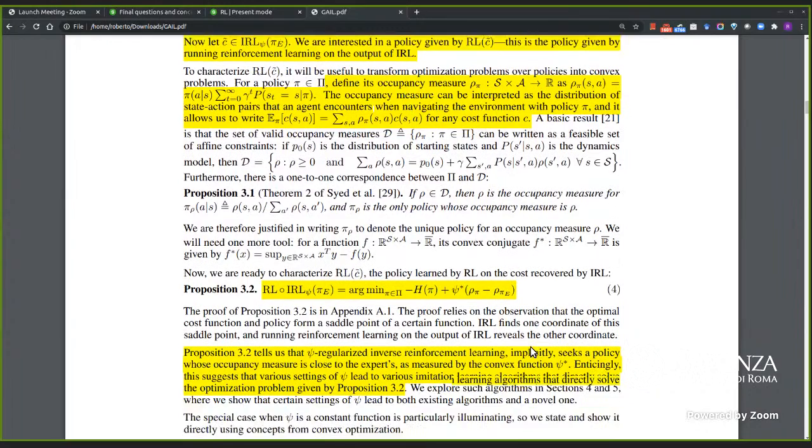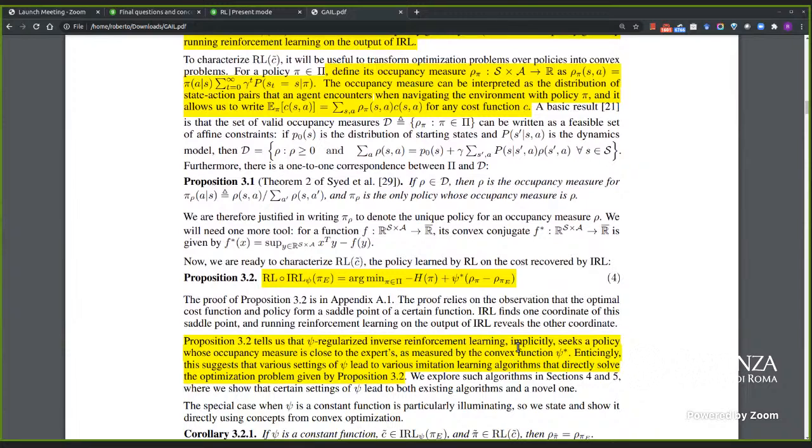This is basically telling us that we are finding a policy pi which is trying to minimize this, which means that we're trying to get as close as possible to this rho pi e, which means that we are trying to match the occupancy measure as much as possible.